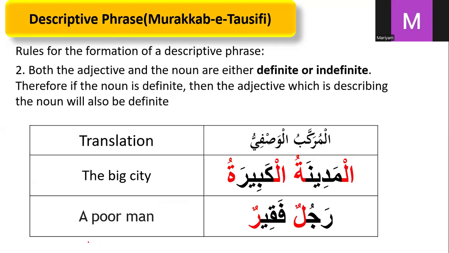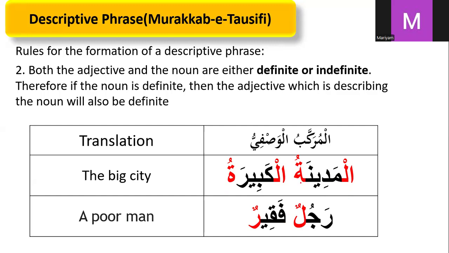The third rule: both the adjective and the noun are either definite or indefinite. Keep in mind, if the noun is definite, the adjective is also definite. If the noun is indefinite, the adjective is also indefinite. Here I have given two examples, one definite and another indefinite. Here you can see al-madinatu al-kabiratu.